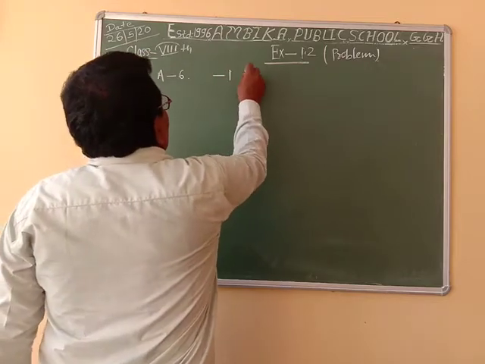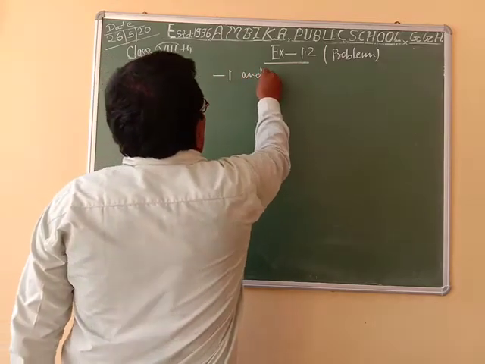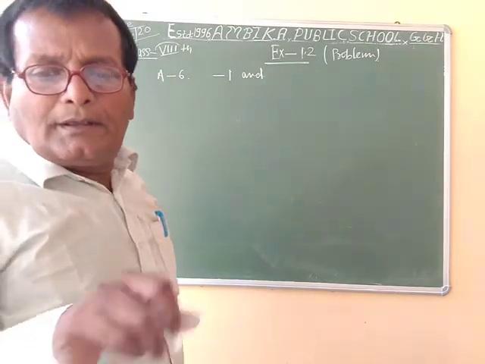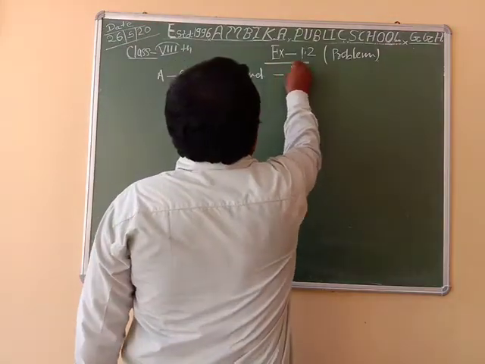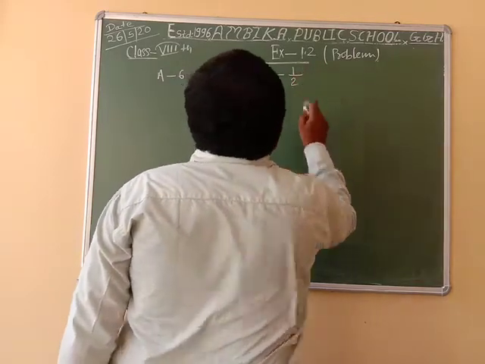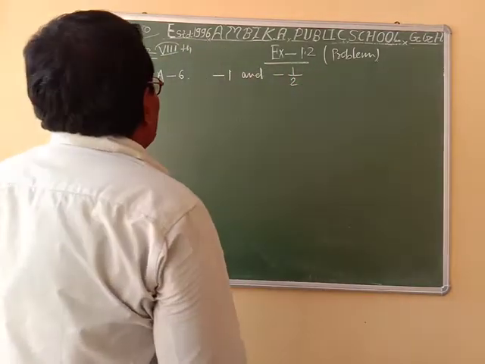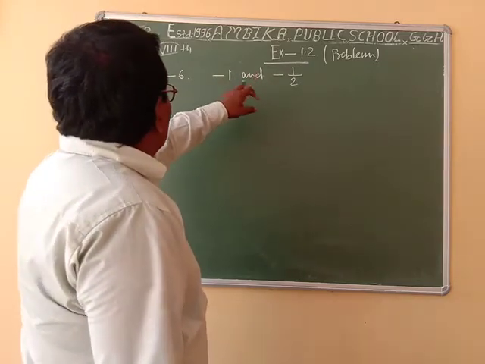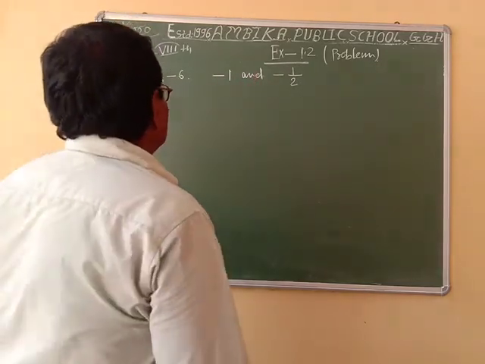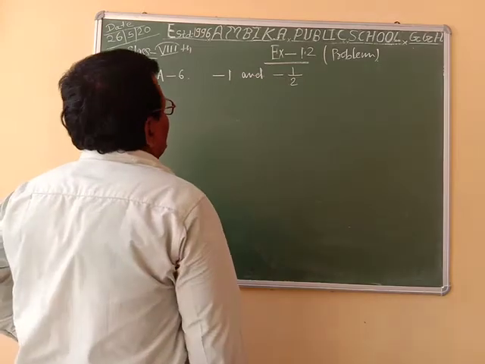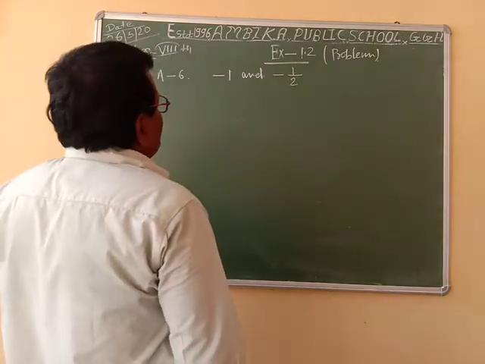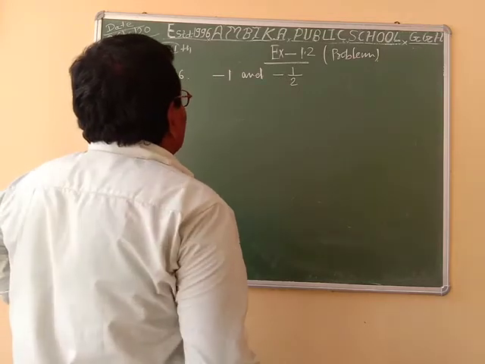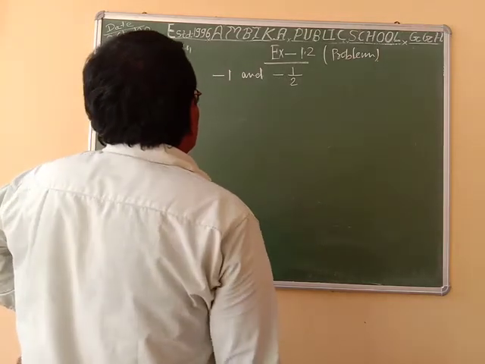We have to find 4 rational numbers between minus 1 and minus 1 by 2. To find 4 rational numbers, we make the denominators equal.